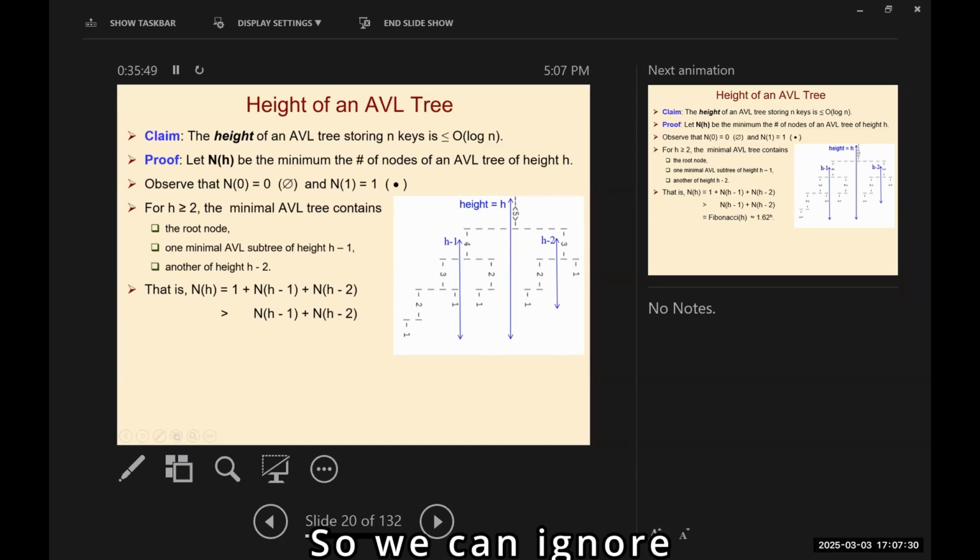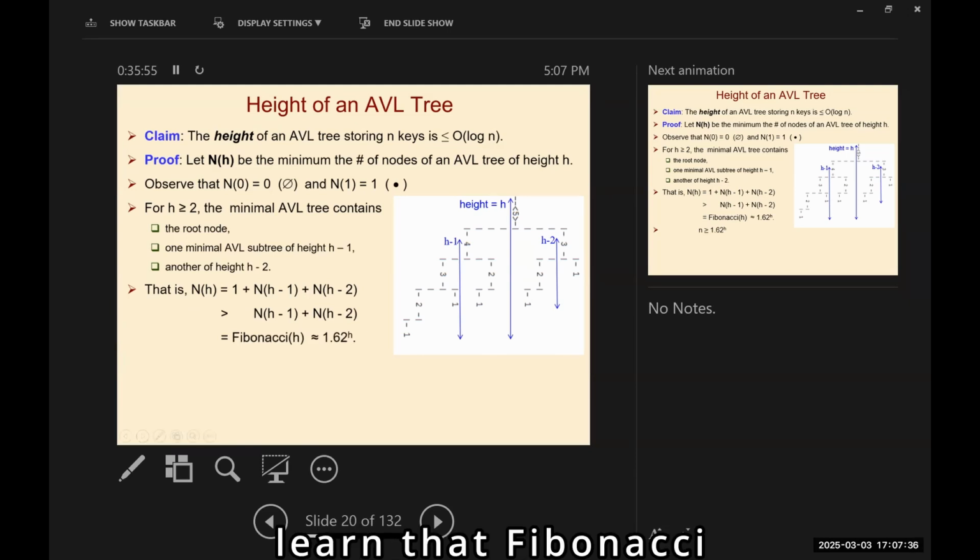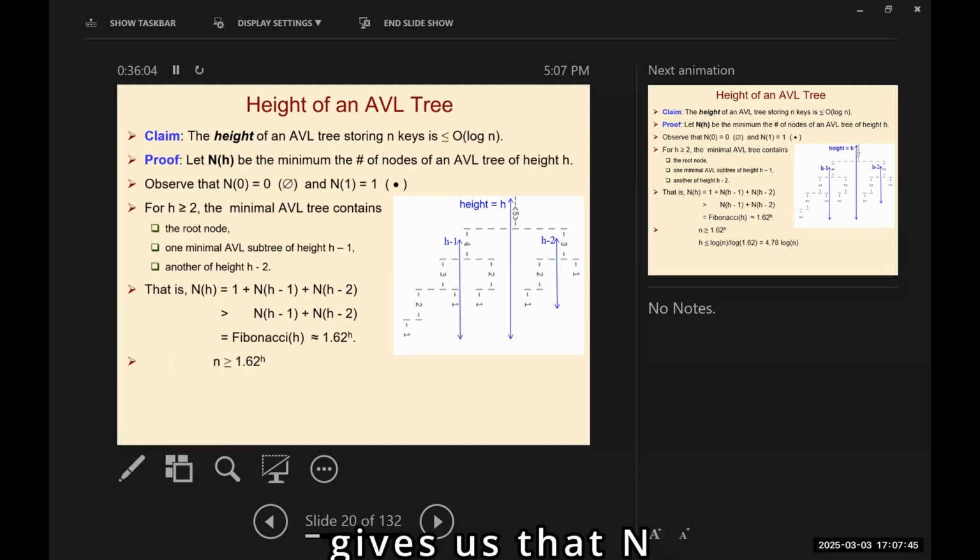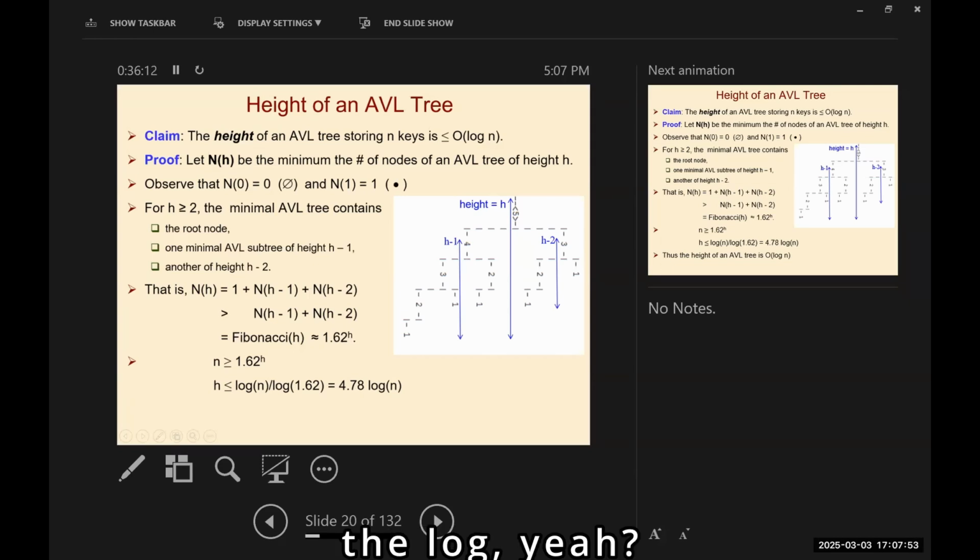So we can ignore the 1 and it only helps us, and we get Fibonacci's. And did you guys ever learn that Fibonacci has this value, more or less? Anyway, it does. And so that gives us that n's bigger than this, which gives us that the height h is at most 4.78 times the log. Yeah?